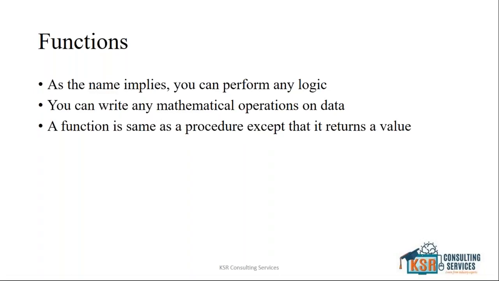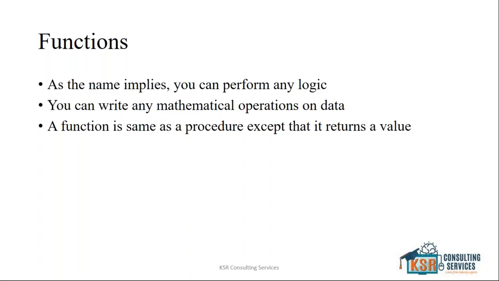A function is the same as a procedure, except it returns a value. That means at any point of time you run a function, for sure it has to return a value. Whereas in procedure, I just run it or just leave it. There is no in parameter. There is nothing mandatory that it has to return. Everything will run. But function, it is telling, for sure you have to return.